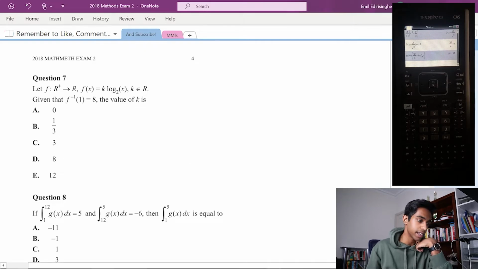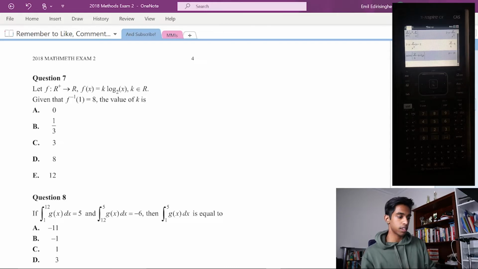We've got, let f of x be defined on positive real numbers, and we've got a log function, and then we're given that f inverse of 1 is 8, the value of k is. So here we don't actually have to calculate the inverse function, we can just put in the opposite, because the x and y of the inverse function is going to be the y and the x of the normal function.